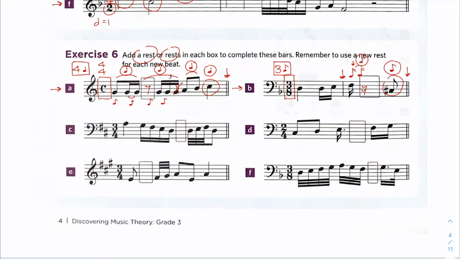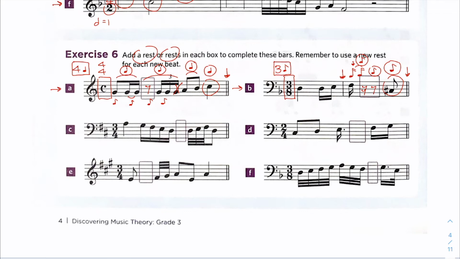Because in a 3/8 time, what you want to see in the music is 3 quaver beats clearly. So you see 1 quaver, another quaver, and then another quaver. Now that we have 2 quavers, we are missing another quaver here at beat 2. So we're going to put in a quaver rest like this.